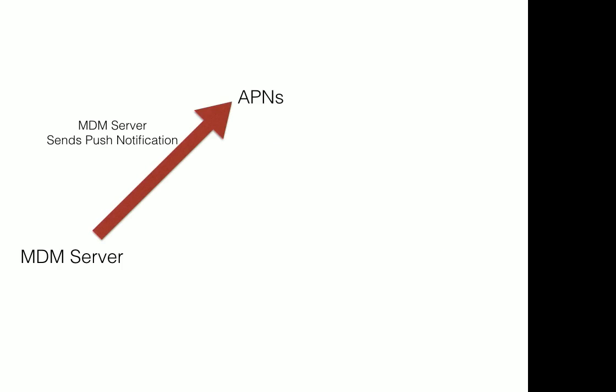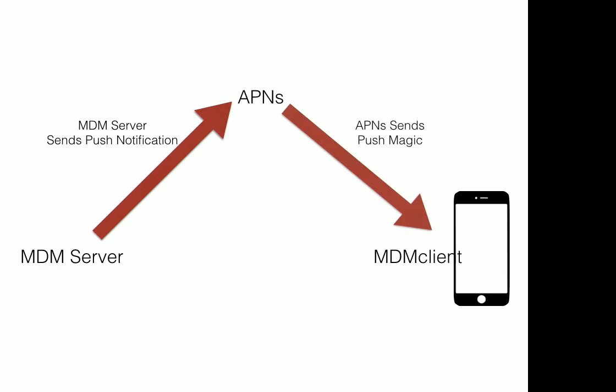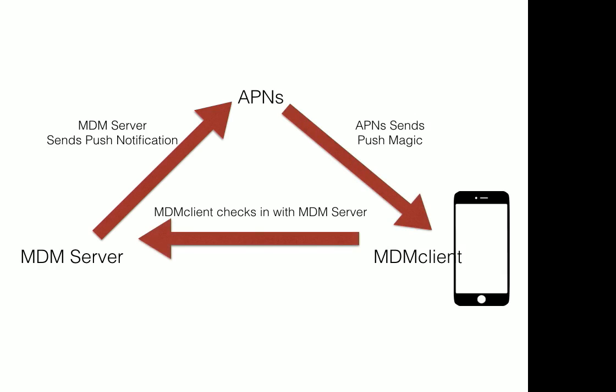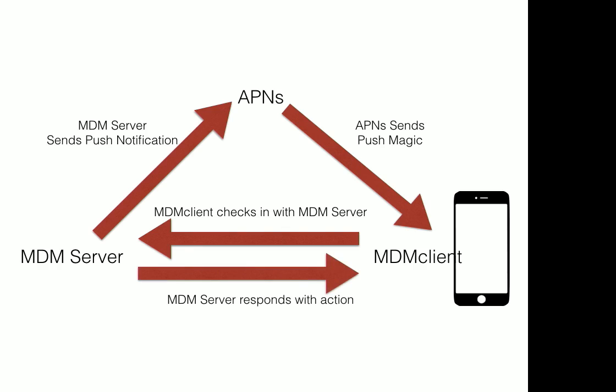The way this looks when put into motion, you've got an MDM server, and then you've got that server sending a push notification to APNs. APNs sends a magic request to the devices, or a push magic, and then the device checks in with the MDM server, sees what the server's got, and the device sends back what it's got, or the server sends back what it's got for the device.